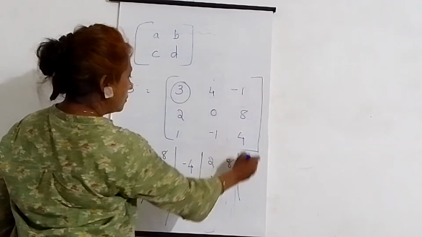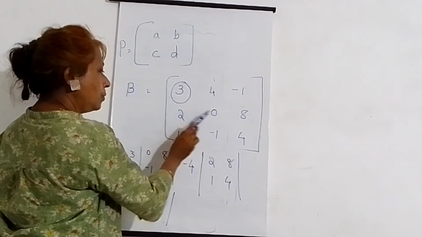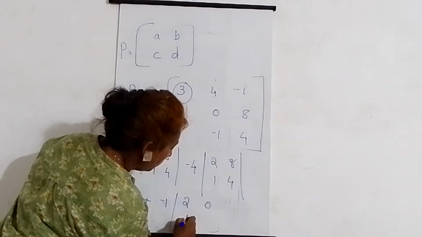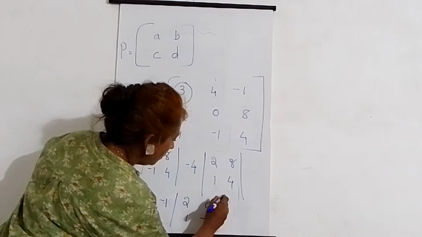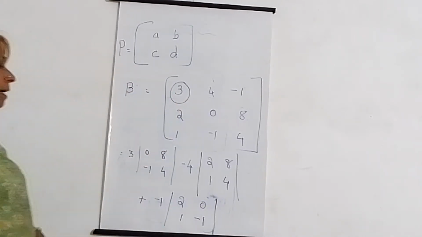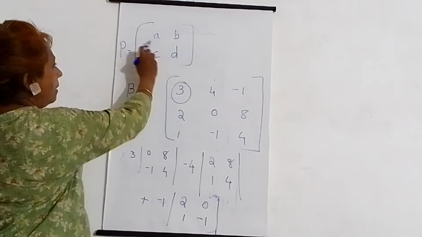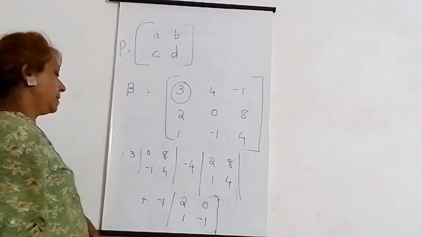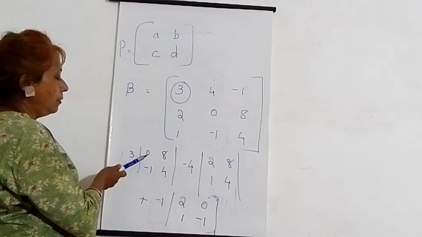So this one and this one are gone. The remaining is 2, 0, 1, -1. Now I think you know how to calculate, because the ABCD we have already written here, the value is AD minus BC. Similarly, we can find these values also.